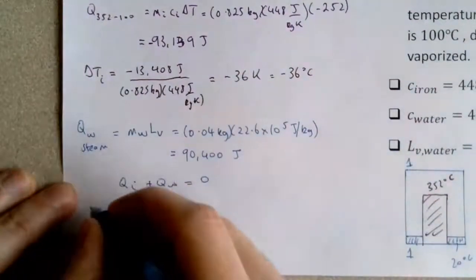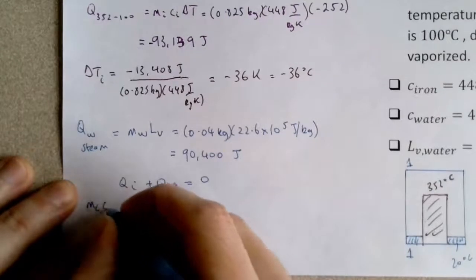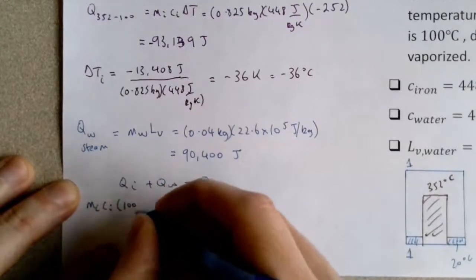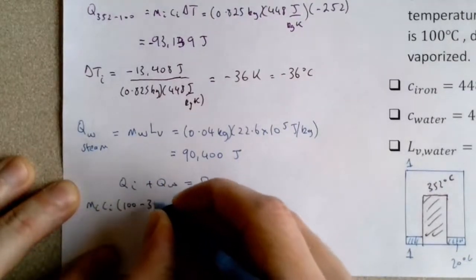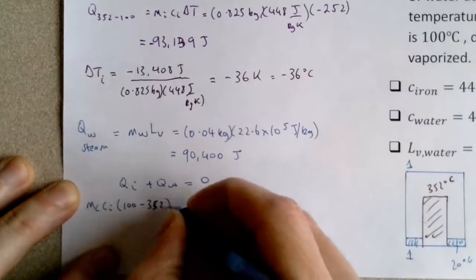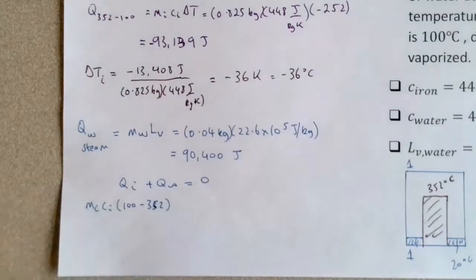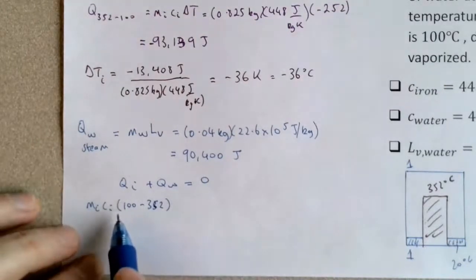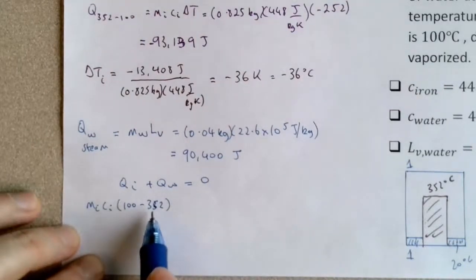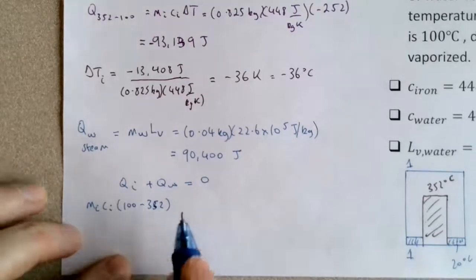So I know the Q of the iron is the mass of the iron, C of the iron, its final temperature is now going to be 100, minus its initial temperature 352. I'll drop out the units here just to give myself more room. But again, the delta in Celsius is the same as the delta in Kelvin.